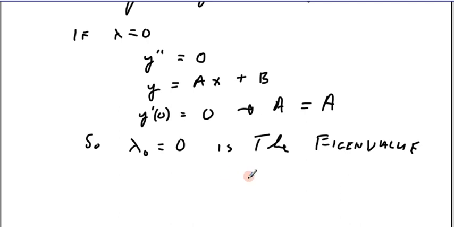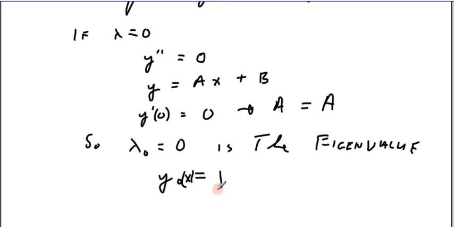Well, the associated function, y at 0 of x, is going to be 1. Because if I take the derivative of that, I get 0, which I'm supposed to have, because y prime at 0 has to be 0, so that would be okay.